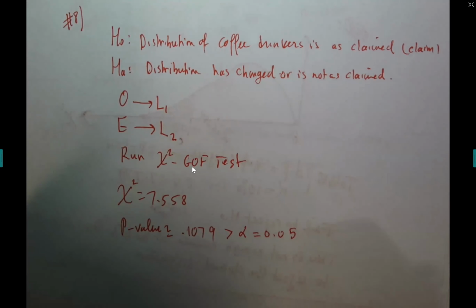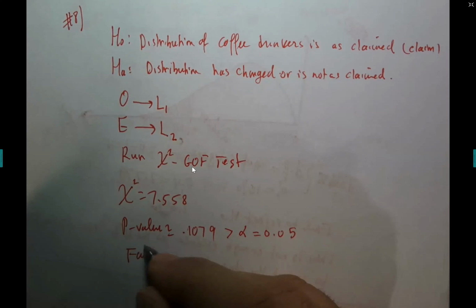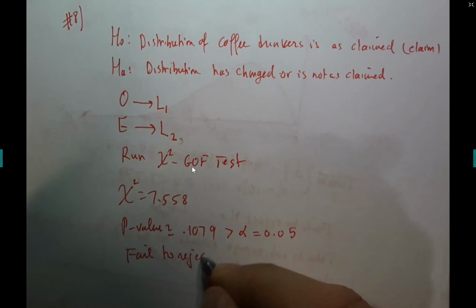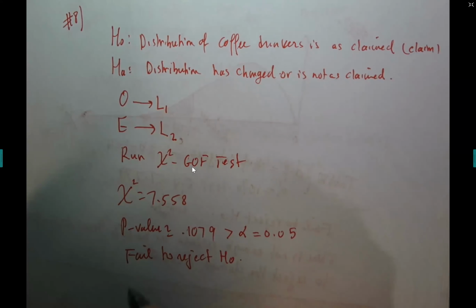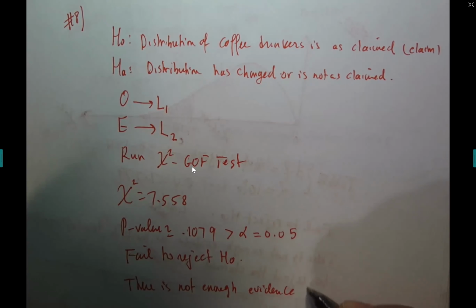So we fail to reject H0, and then there is not enough evidence to reject the claim or to conclude that the distribution has changed.